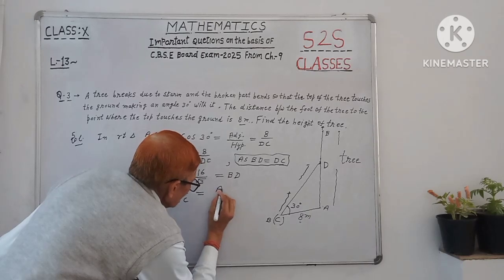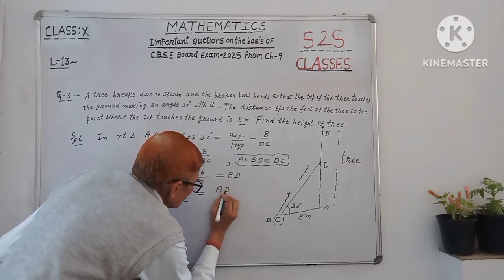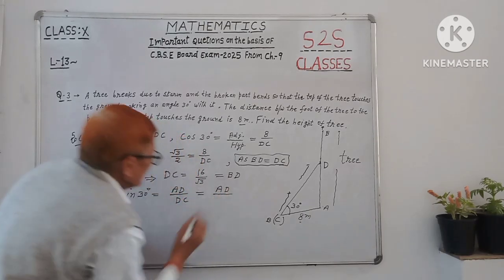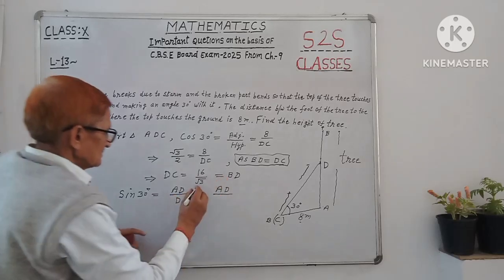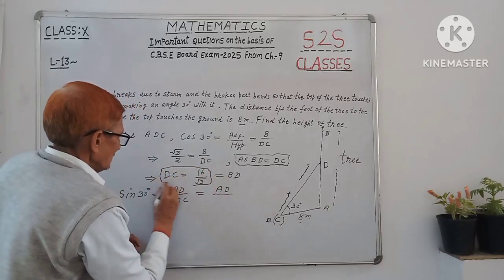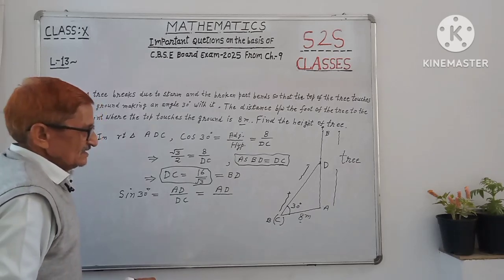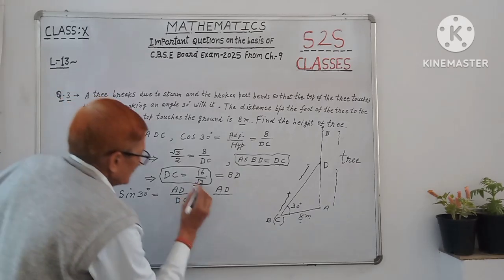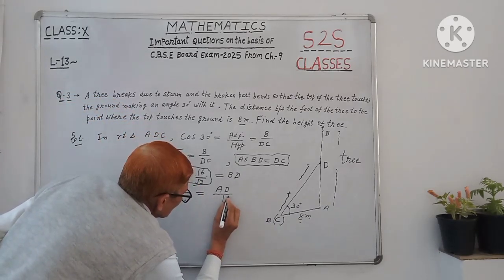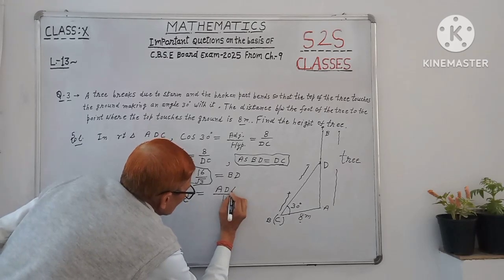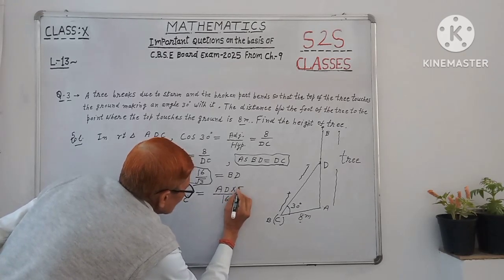Then AD upon DC means this here, understand? Okay son? DC then hypotenuse, this is 16 upon root 3, so reciprocal into root 3.